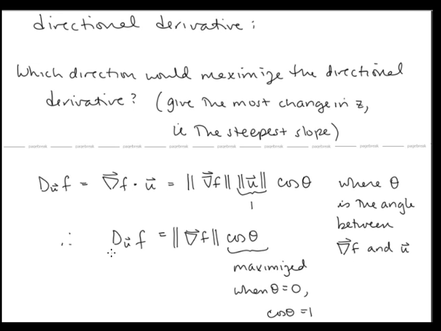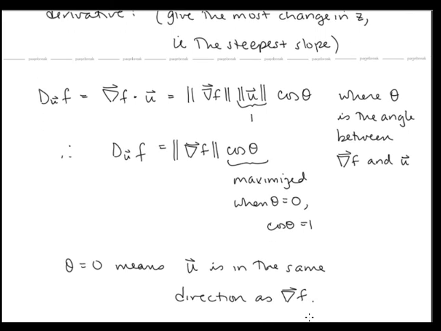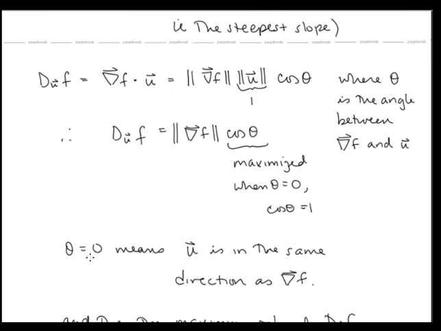Now if we're trying to find where this directional derivative is maximized, where we're going to have that maximum increase, that steepest slope, we want to look at the right-hand side and say, for which angle are we going to have this maximized? Well, we know that cosine theta is maximized when theta is equal to 0 and cosine theta is equal to 1. Well, theta equals 0 means that u is in the same direction as the gradient.